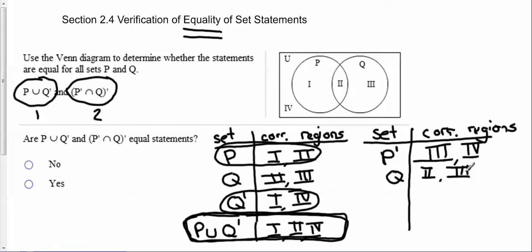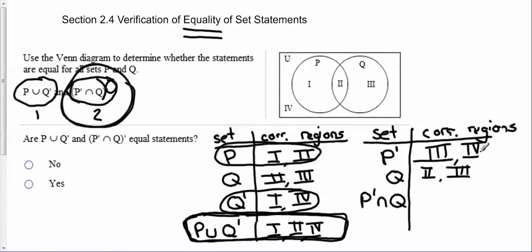Now, if you look at set statement number 2 over here, we have to do what's in parentheses first before we take that complement on the outside. So we have to intersect the complement of P and Q. Intersect means what they have in common.